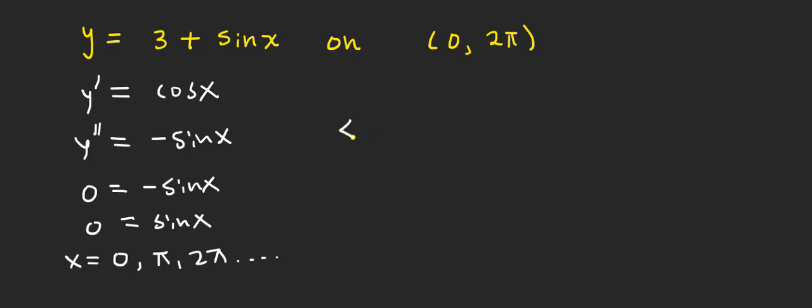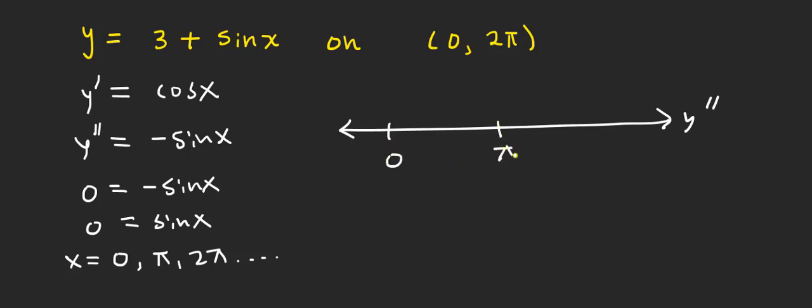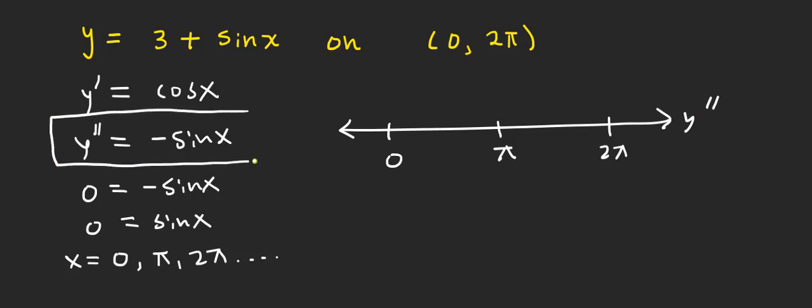So let's come up with the y double prime chart. We have 0, pi, and 2 pi. What is a nice number from 0 to pi? How about pi over 2? Now, this is a second derivative chart, so make sure you use the second derivative. So plug in pi over 2, sine of pi over 2 is 1, so you get negative.